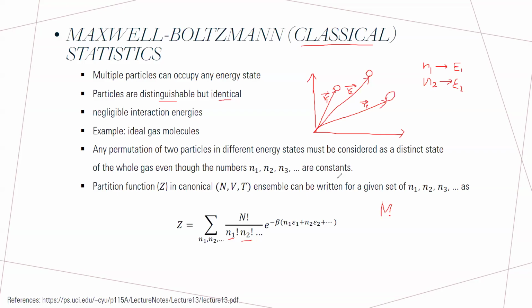And then we have this factor times the exponential of minus beta times (n1 epsilon1 plus n2 epsilon2 plus so on). So this is the partition function in the canonical ensemble for Maxwell-Boltzmann statistics.